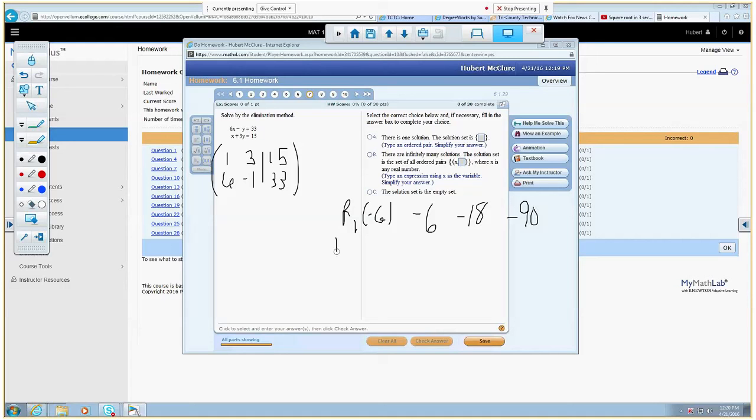Add it to row 2. That'll give me 6, -1, 33. That'll give me a 0, -19, and I have no idea. -57, what is it? -57. -57? I ain't got it right.